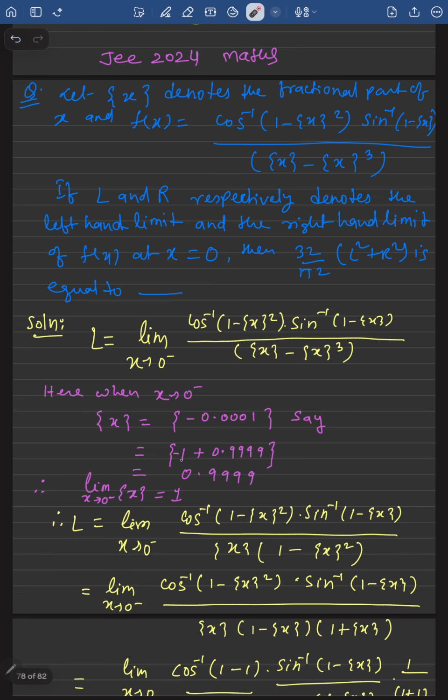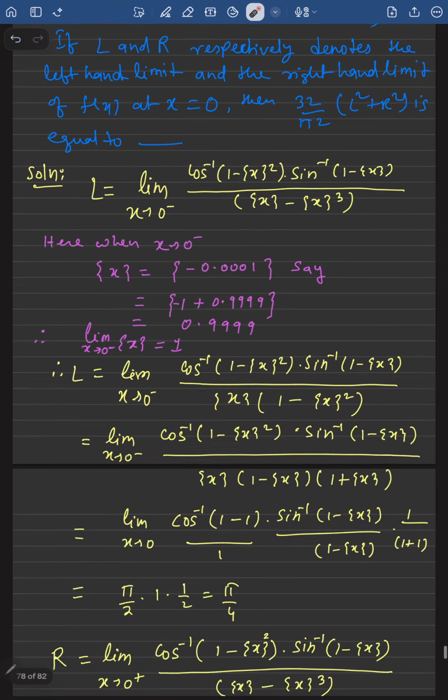Minus 0.0001 plus 1 gives 0.9999, which is almost 1. So we can say that the limit as x tends to 0 minus of the fractional part of x will be 1. This we will use in the simplification.